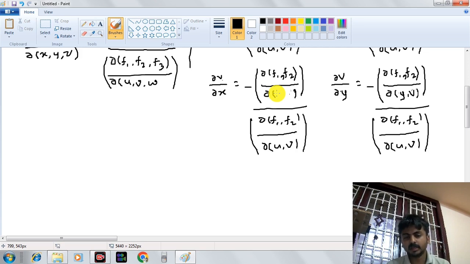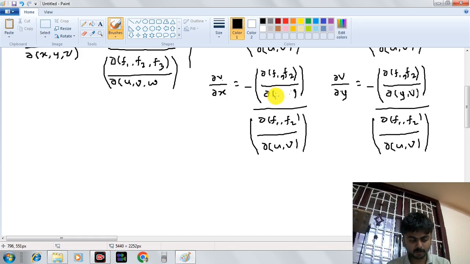When we are using such a Jacobian to get partial derivatives like this, if the first half is u comma x, the next half will be x comma u. If the first half is y comma v, the next half is v comma y. So here it is.